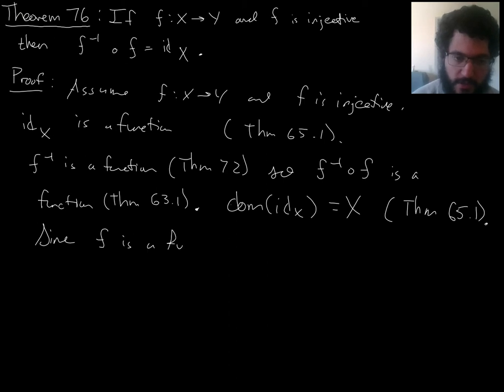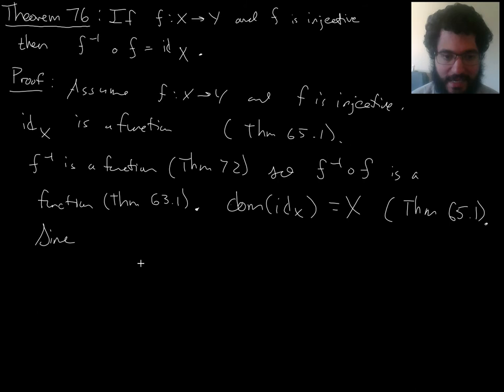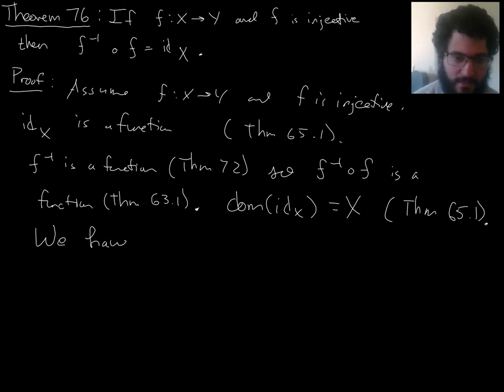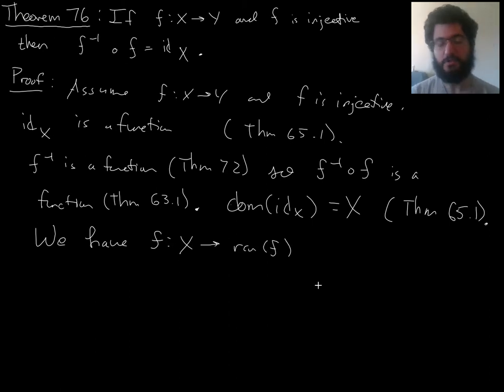Since f is a function, that's part of our assumption here. Well, let me just go ahead and say it, and then I'll talk through the justification. I think we can just say this to start with. We have f maps x to the range of f. So this says three things. F is a function. We knew that from here.